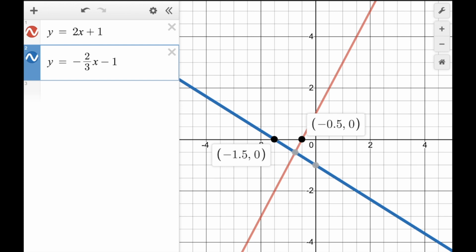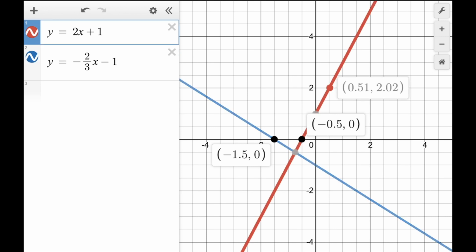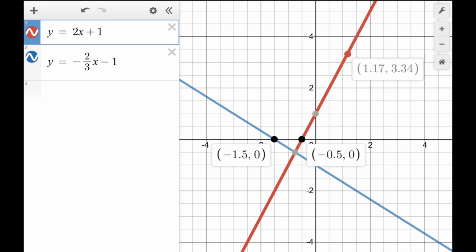And every pair of x and y values, as I scroll along this line, you'll see every pair, so 0.51 and 2.02, that's an x and a y value that satisfies that equation. It makes it true if you were to plug those in. All of these represent the values that work for that first equation.